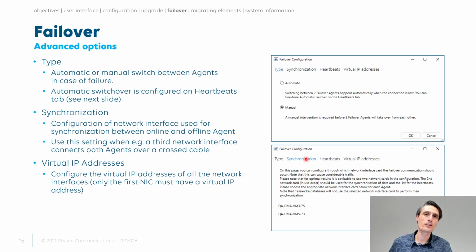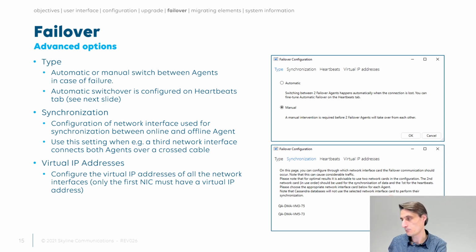There could be a lot of traffic because the whole database with all the alarms and the trending not only needs to be stored on the main agent or the online one, but also the offline one needs to continuously get all the alarms and all the trend information into that database. So all that synchronization information is going through the network interface cards that you are selecting here.